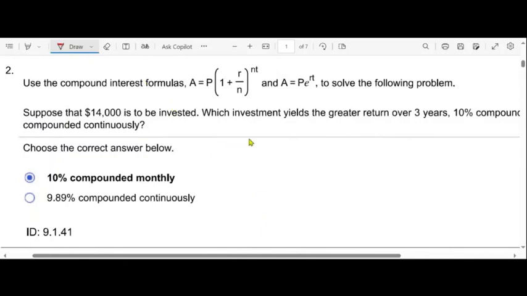So here we have two options, right? Compound monthly or compound continuously. Do you understand the difference between them? Yes.